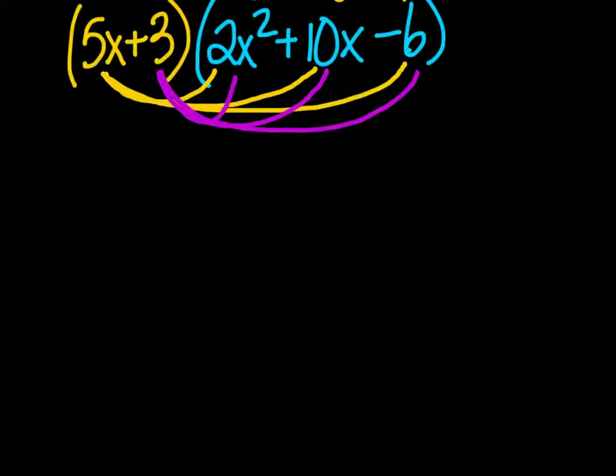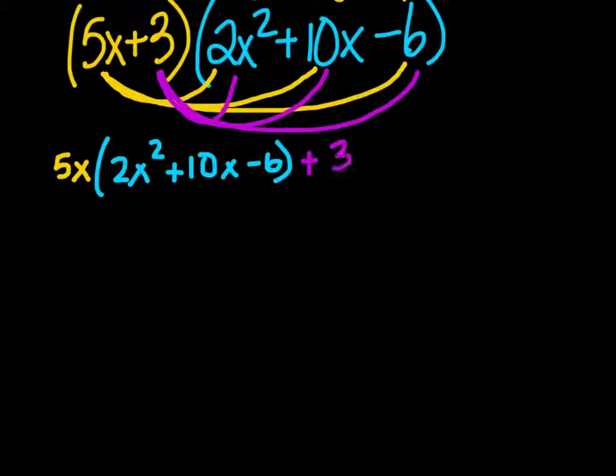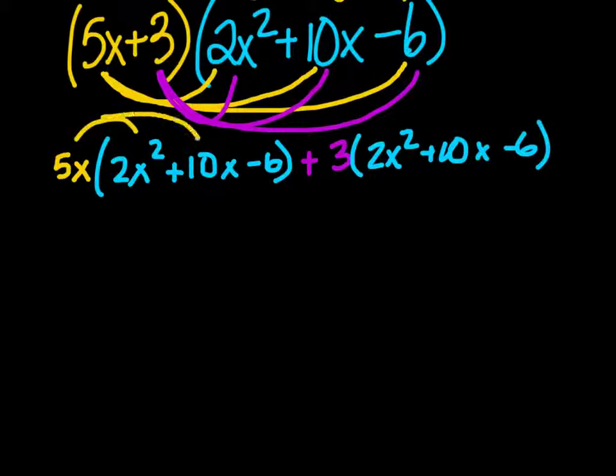So this could essentially be rewritten as 5x times 2x squared plus 10x minus 6, plus 3 times 2x squared plus 10x minus 6. And then from there we're doing the distributive property with the 5x.